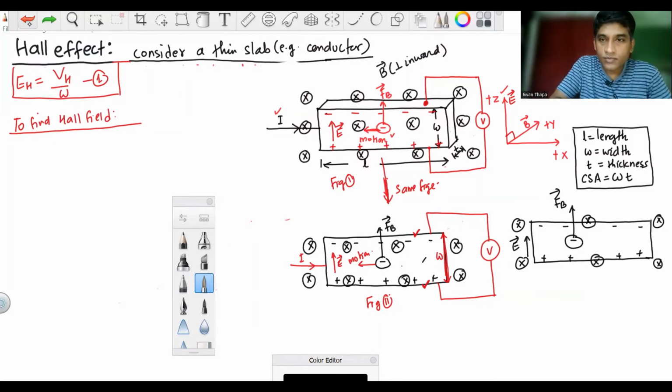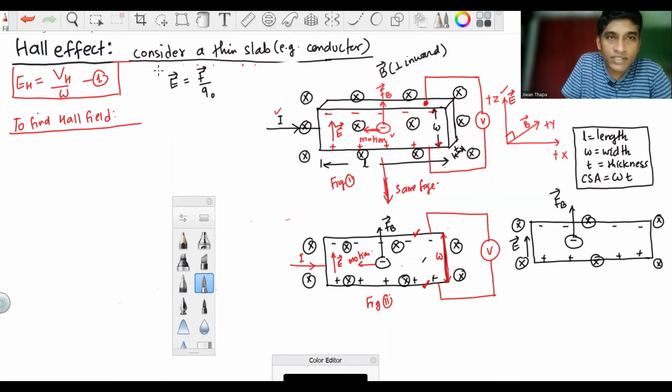The electric field is acting in the upward direction. Now what we know, electric field in general equals force per unit test charge.